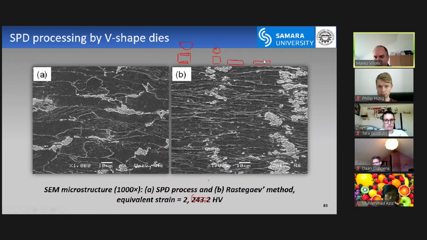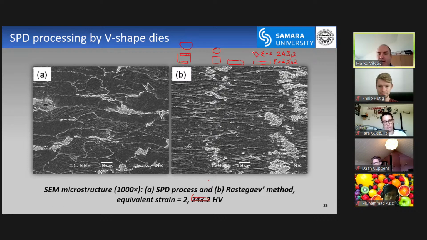And this sample had the same strain. The strain is 2. Also in this case, and also my sample, the strain is 2. Here also the strain is 2. And we get almost exactly the same hardness. Some people may ask, okay, what's the point?